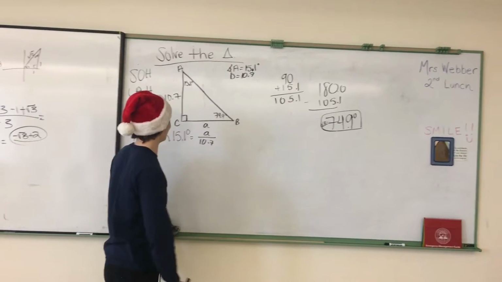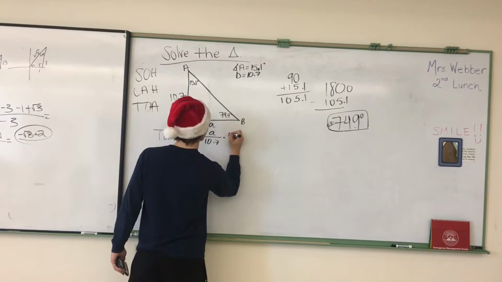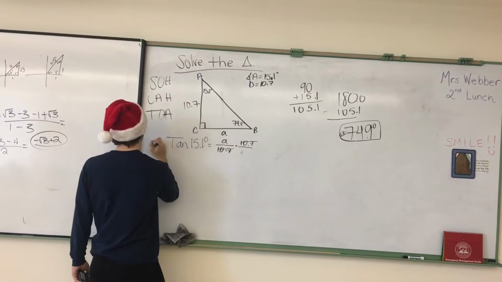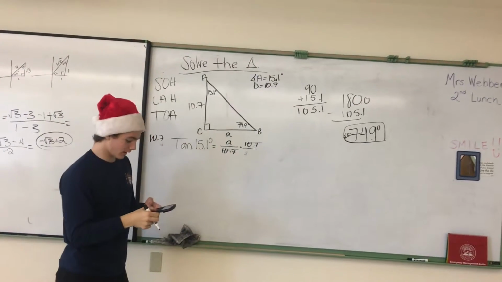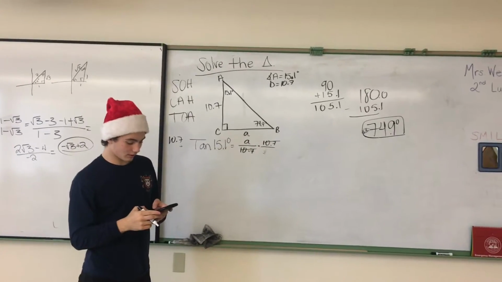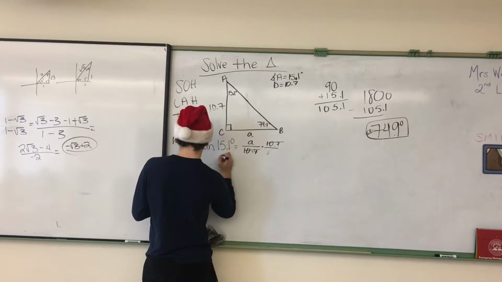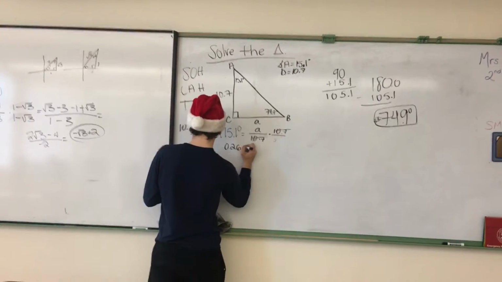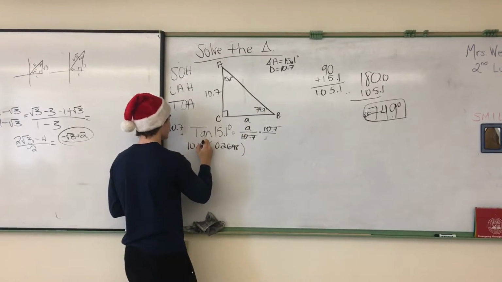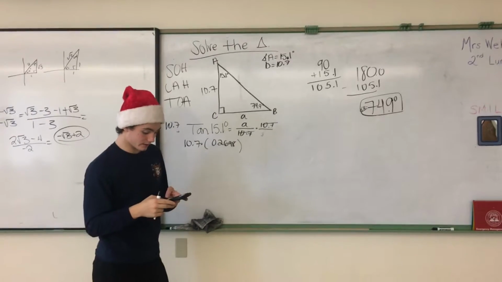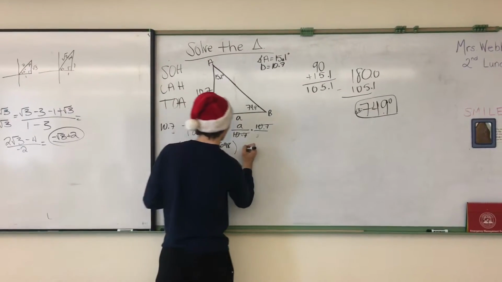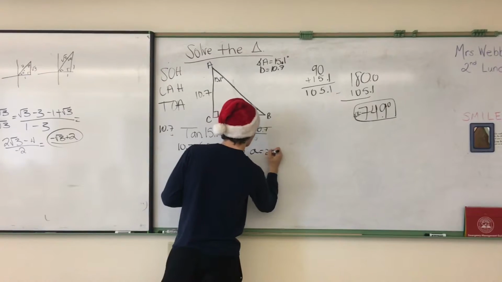Then you multiply by 10.7 on both sides, and this cancels out. Tangent of 15.1 is 0.2698, and you multiply it by 10.7, which is 2.89. So A equals 2.89.